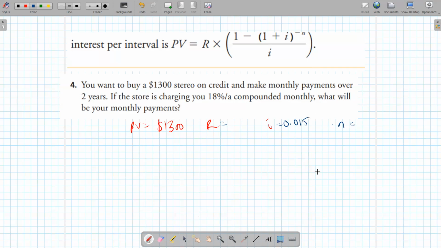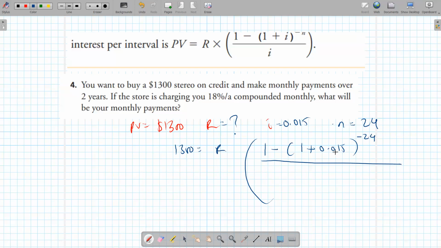What about N? N is easy, 24, right? R is missing. Let's set this up. So we have 1,300 equals R times this whole thing: 1 minus 1 plus 0.015 to the power of negative N, negative 24, all over I, 0.015, close bracket.